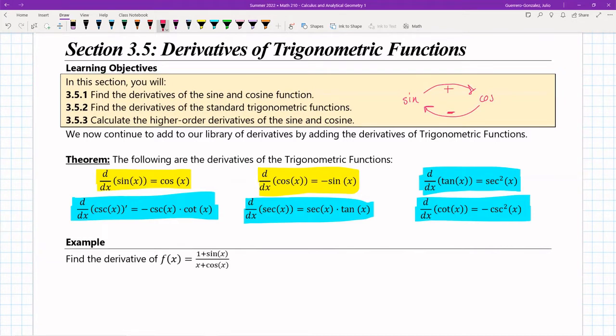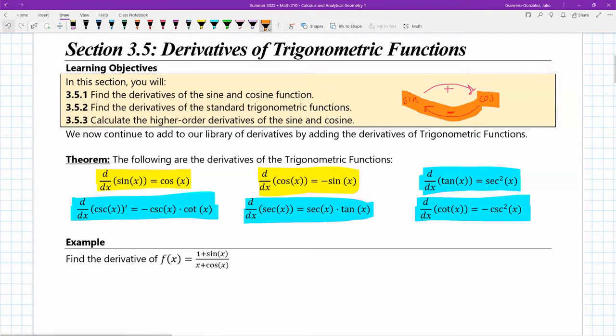Okay. So what ends up happening if you take continued derivatives of sines and cosines is that the pattern of derivatives just becomes cyclic. And here's the reason why I like to do it this way. The derivative of sine is positive cosine. And then the derivative of cosine is negative sine.